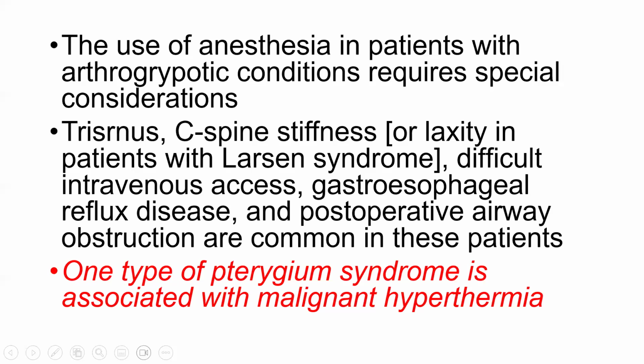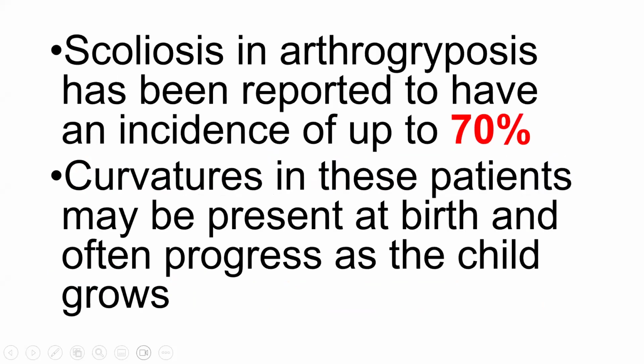The spine and lower extremities: scoliosis in arthrogryposis has been reported to have an incidence of 70%. Curvatures in these patients may be present at birth and often progress as the child grows.